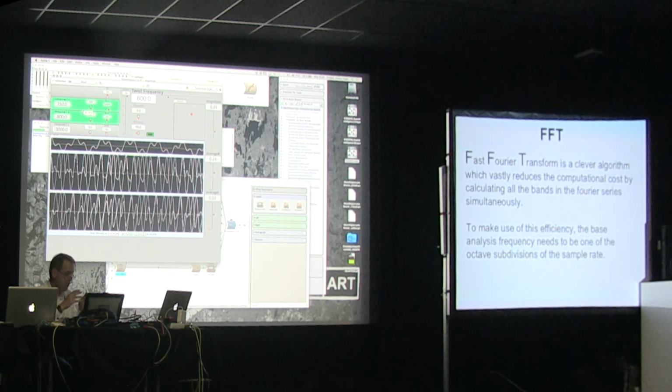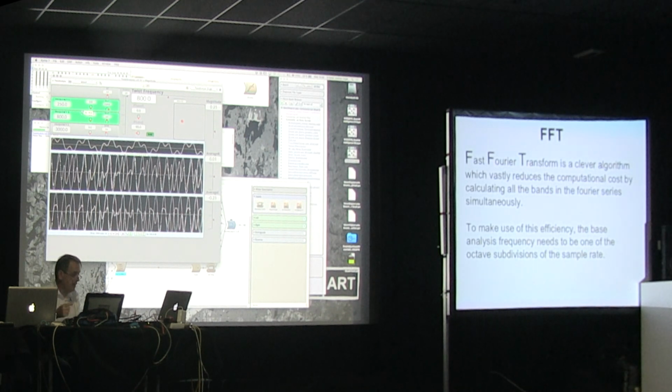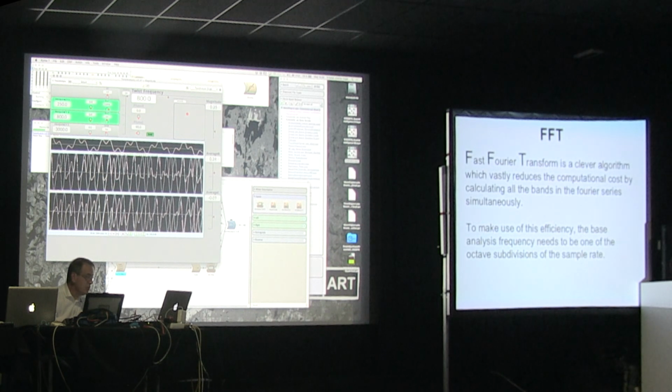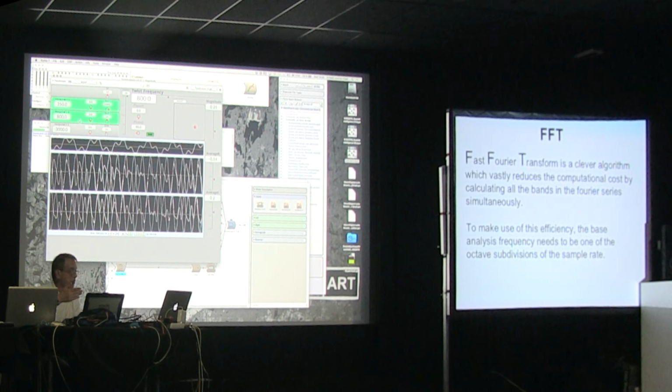It can do it all at the same time, and it takes a lot less computational power. But to do that, you normally have to have your base frequency related to the sample rate. Otherwise, you don't get the efficiency that you need for FFT. That's why I call that the safety net, because if you choose those particular frequencies, you've got a get-back path.